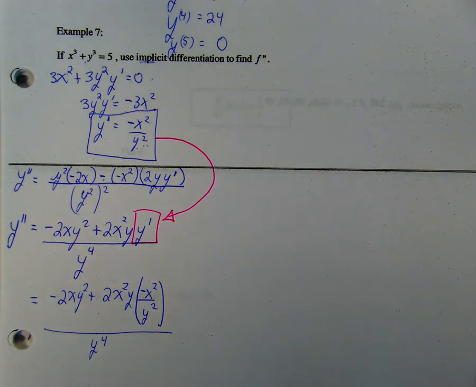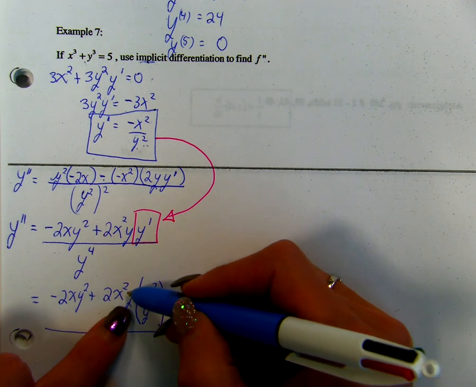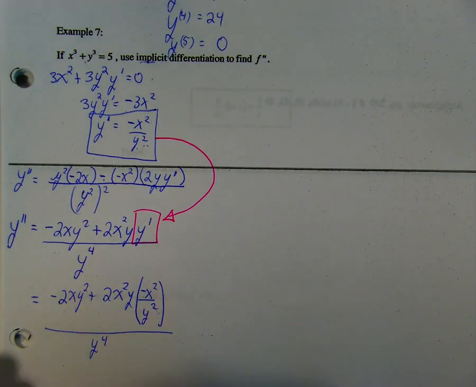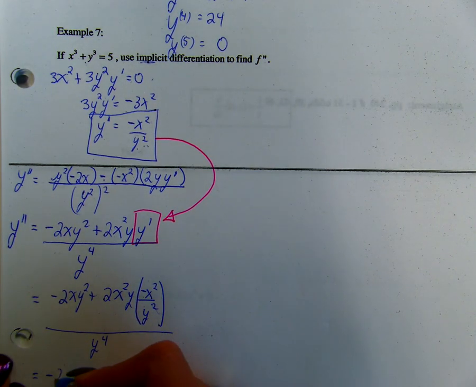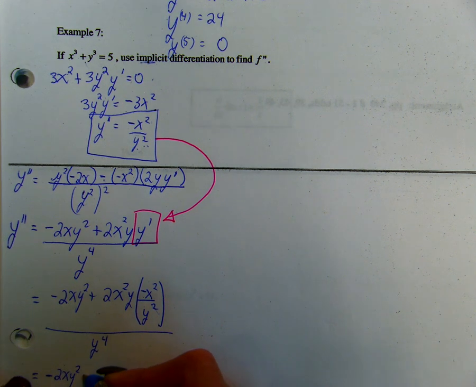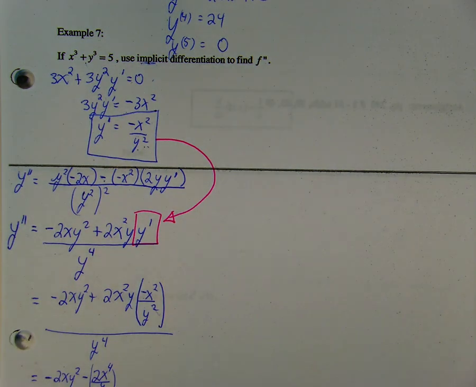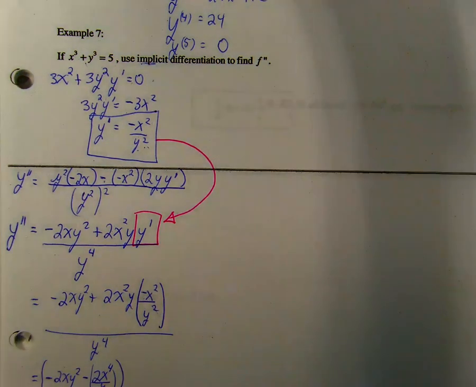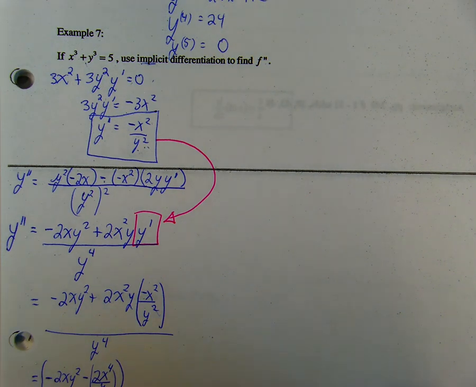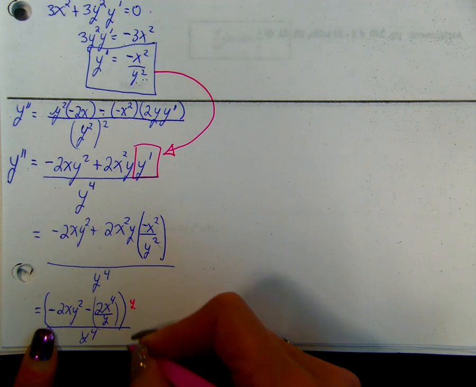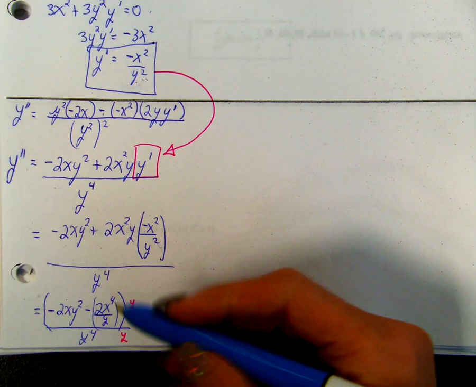Okay, so then this simplifies quite easily because this y cancels one of those, and this negative we can put in front and we'd have an x to the fourth. So this gives me negative 2xy squared minus 2x to the fourth over y, all divided by y to the fourth. And when you get a fraction in your numerator, we need to clear that. So we're going to multiply the top and the bottom by y.